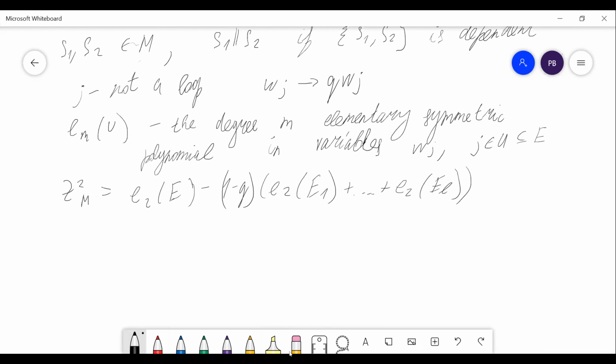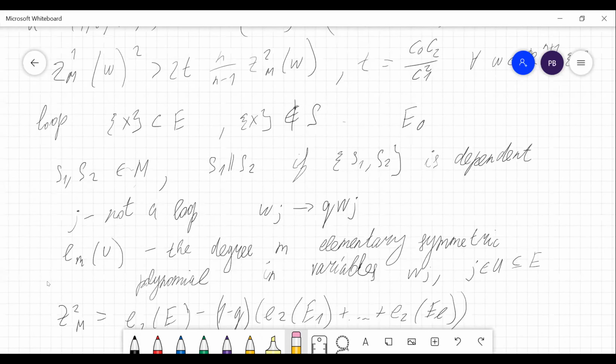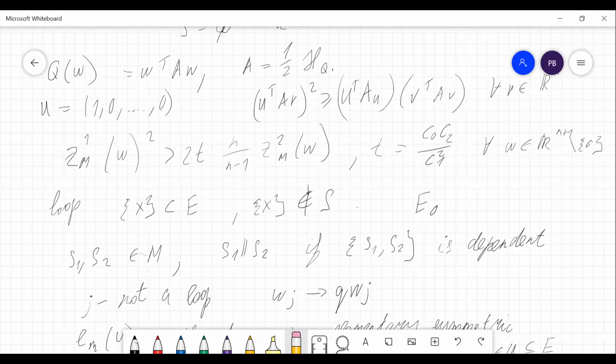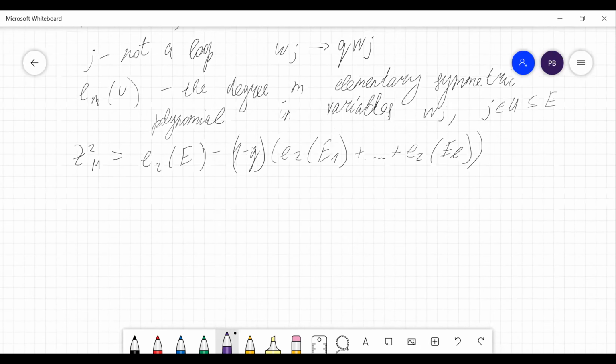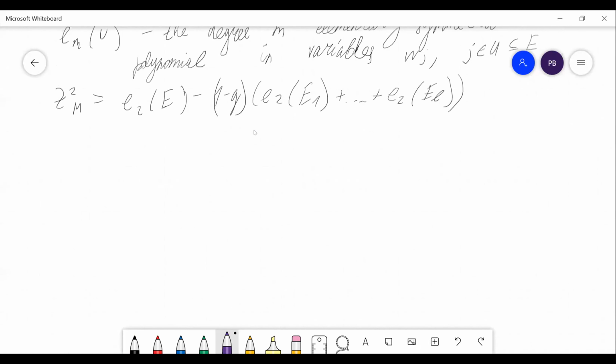So we have this nice formula, which we will use to prove the statement that I want to call statement star and refer to it like that in the following.